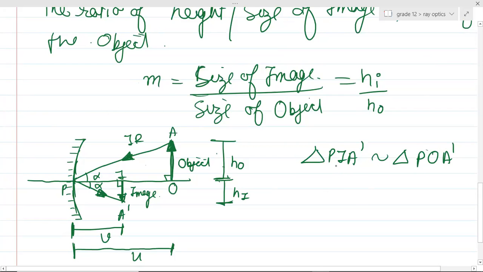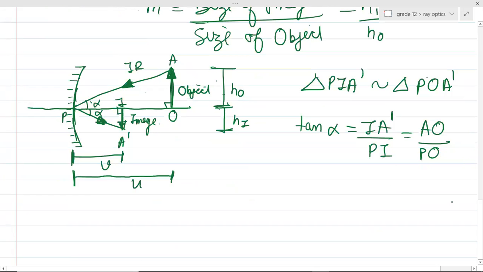So since these two triangles are similar, can I say in the small triangle, tan alpha is equal to IA dash divided by PI? And similarly, tan alpha in the bigger triangle will be equal to AO upon PO. Now using the sign conventions, which sign convention do you want me to take?